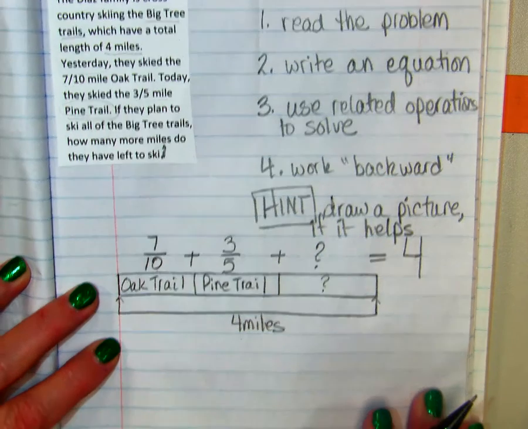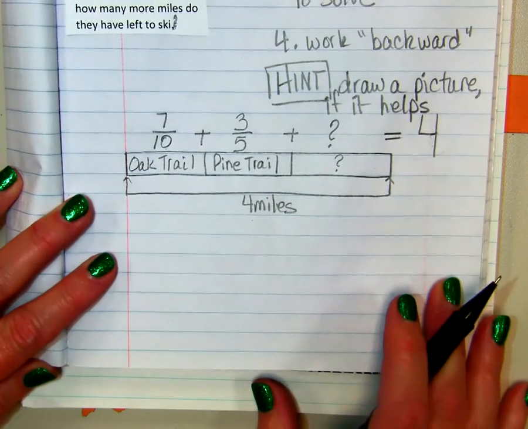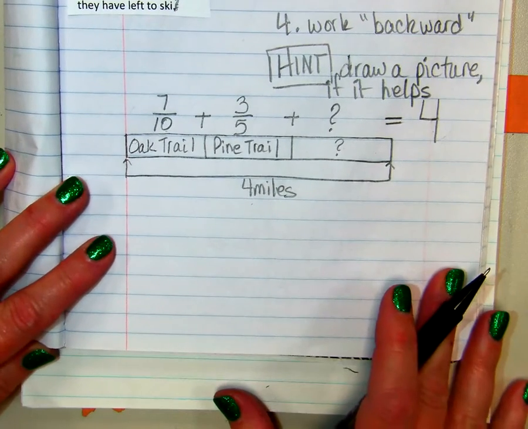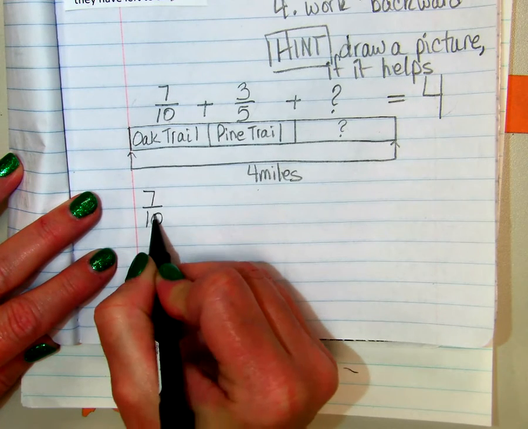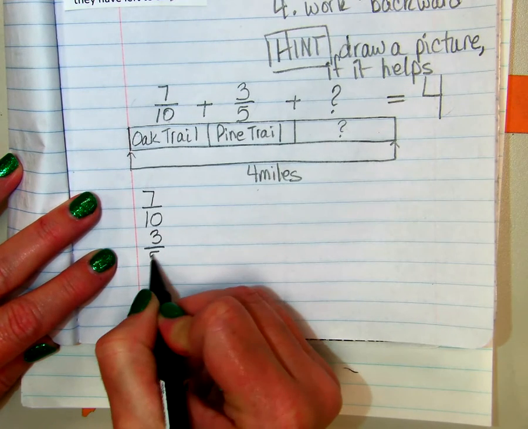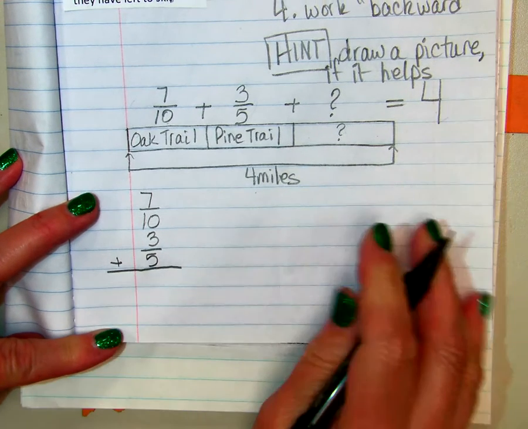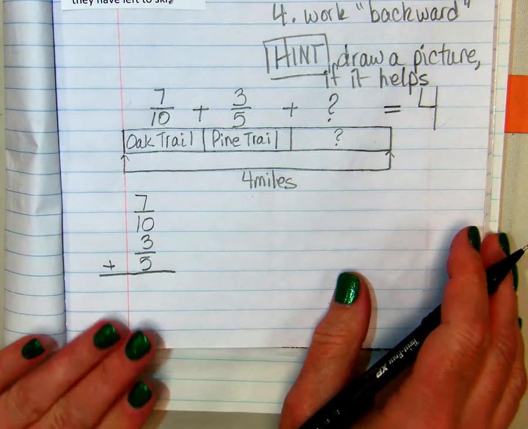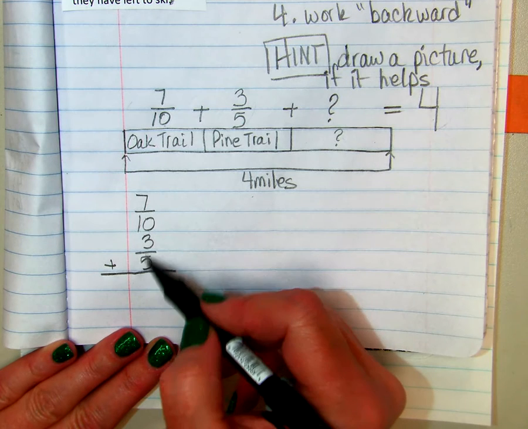Okay, here we go. Let's scoop that up so you can see what's happening here at the bottom of my page. So I'm taking 7/10 and 3/5. This should look very familiar to you. Simple. Adding two fractions. The first thing we have to do is make like fractions. If you're noticing 5 and 10, that's pretty easy.